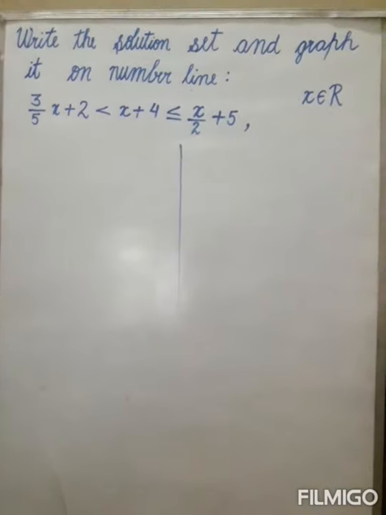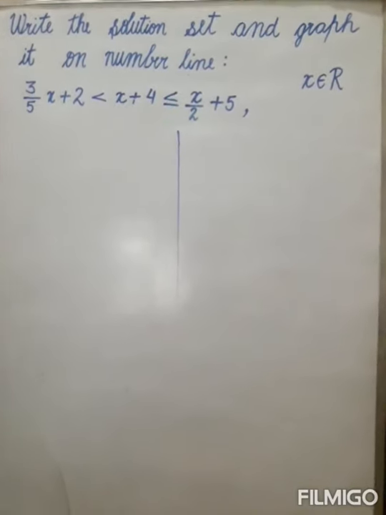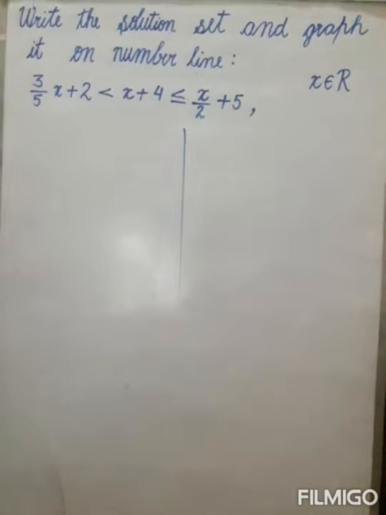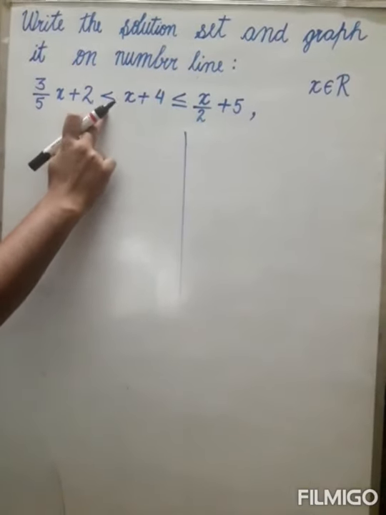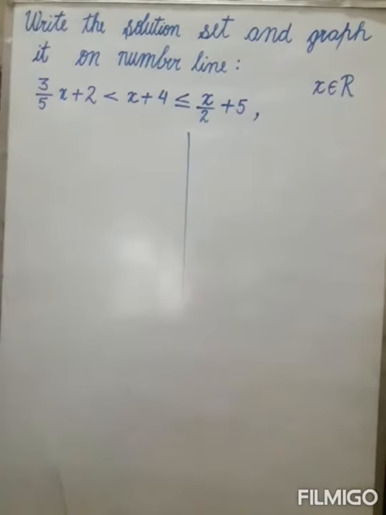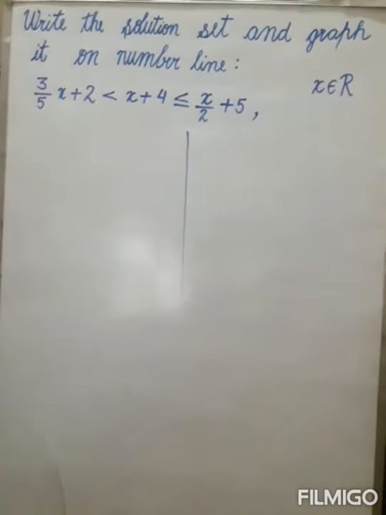Now I am taking another question. This question came in the 2020 board. So here we have two inequality signs. One is this, another is this. So we will solve this inequation in two parts. The first part will be from here to the second inequality sign and another part will be from here to here.